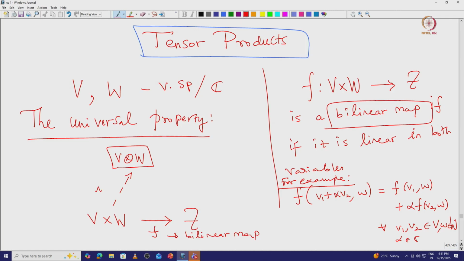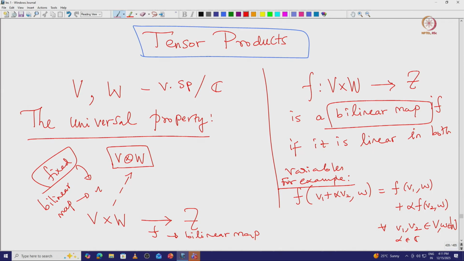Let us call that map iota. This iota is fixed.